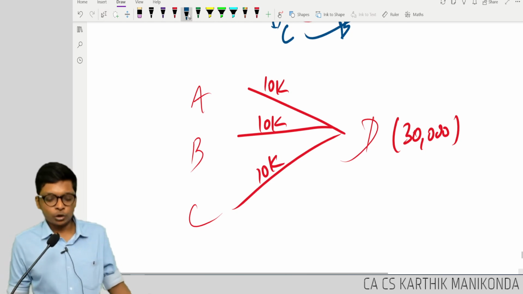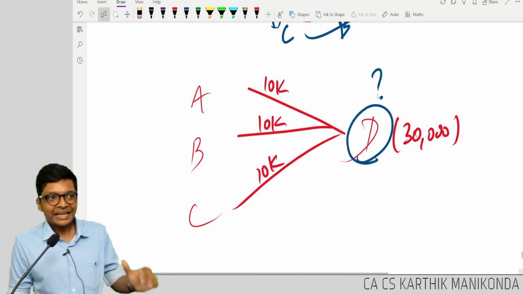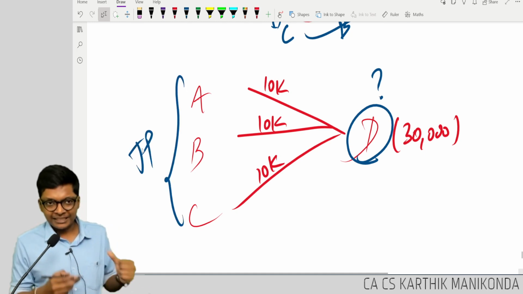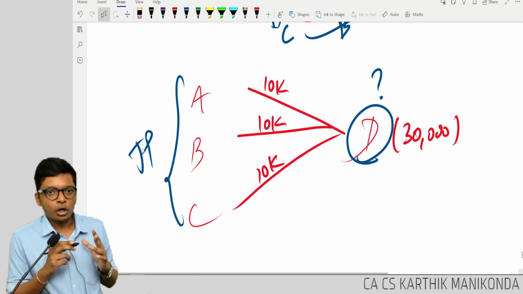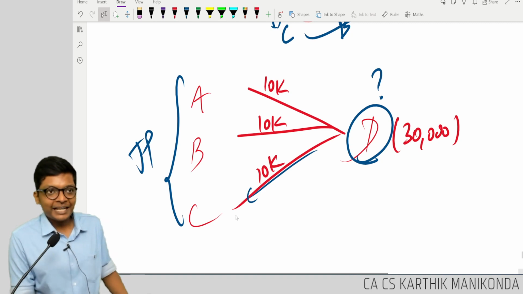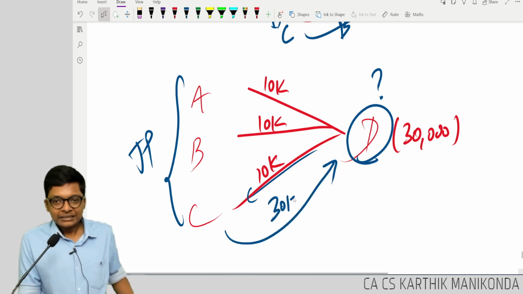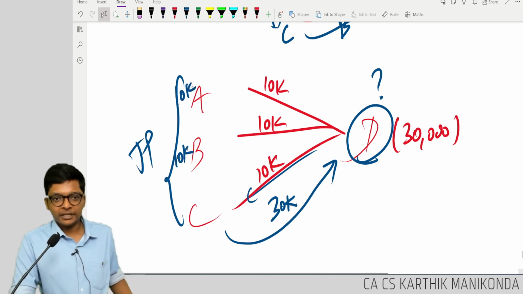At the time of repayment, whom can D ask for payment? Anyone, because these three are joint promisors. This is an exam question: you can ask A, B or C. If I ask C, can C deny paying? No. C has to pay the full amount of 30 and recover 10 from B and 10 from A.